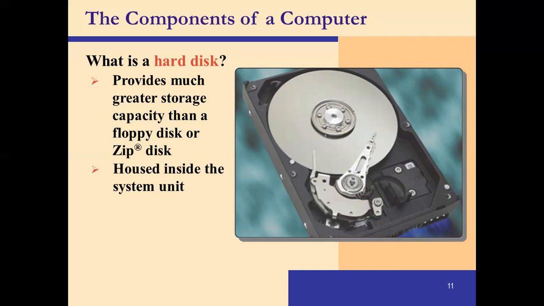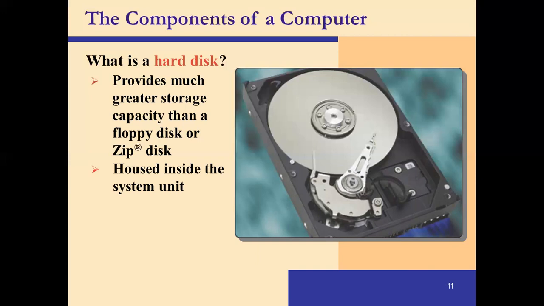Okay. So now let's talk about how they provide much greater storage capacity than a floppy disk and zip disk. It provides storage in GBs, gigabytes. It contains about as much data as you want to enter in it.